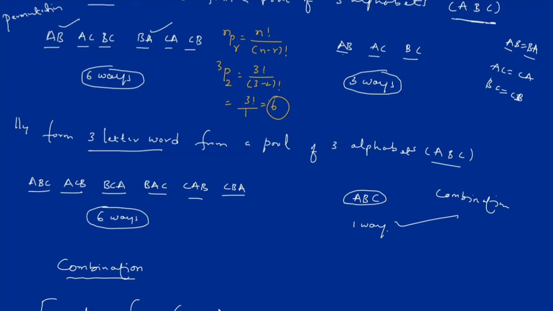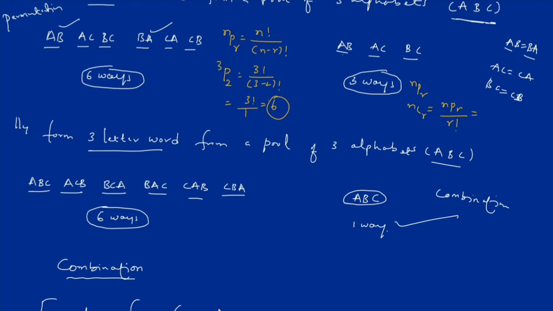Similarly, let's see the combination. Similarly we can write nCr, which equals nPr upon r factorial, right?